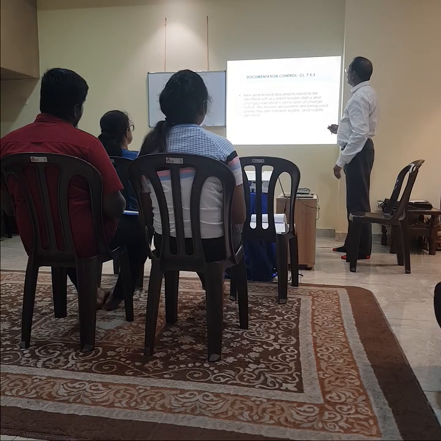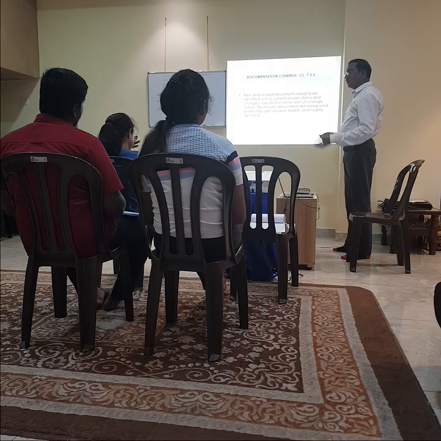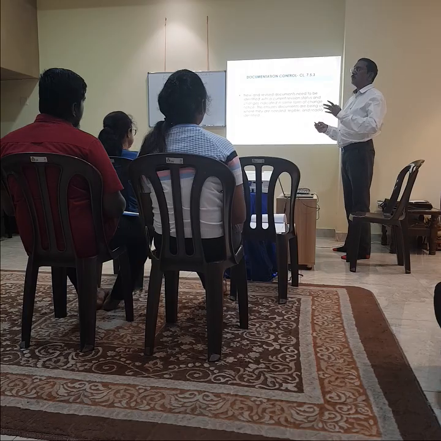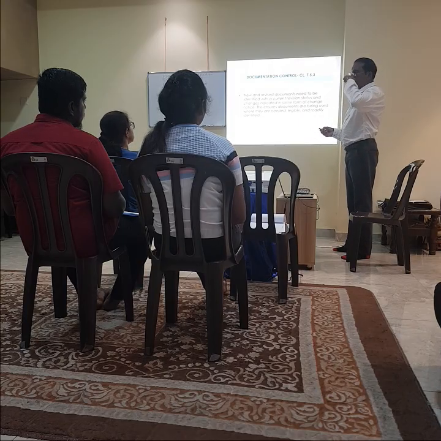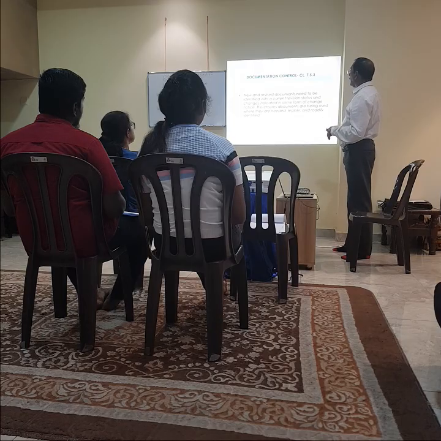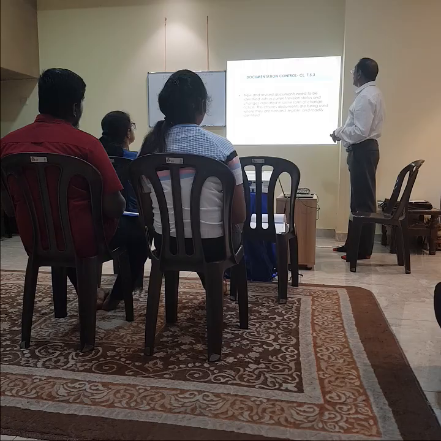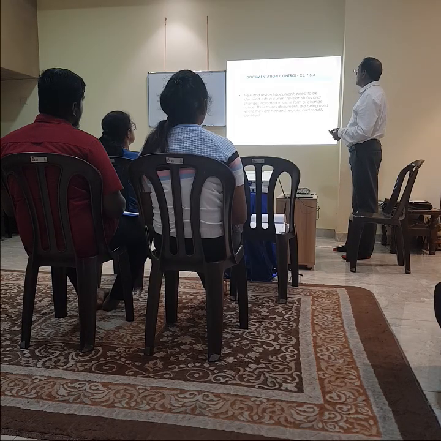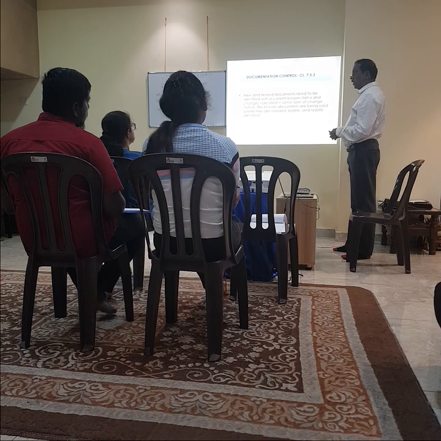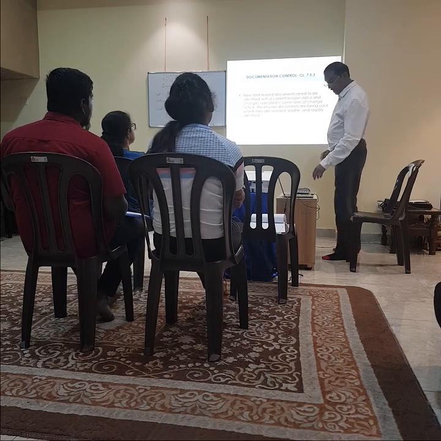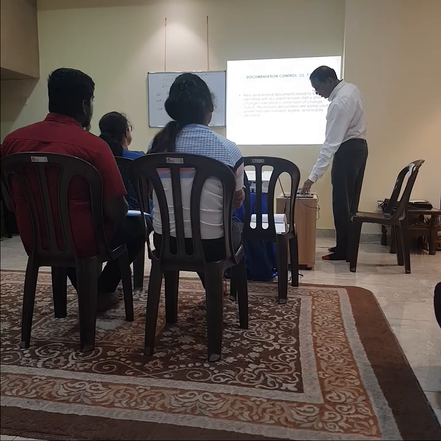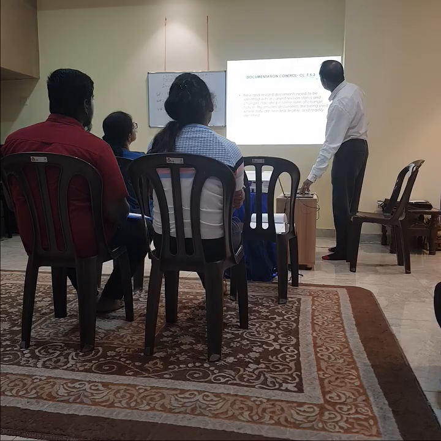So for the control, you may have a few sections for where to keep the documents, which area, which department. If changes are needed, you have to put a proper revision status and change indication, and there will be some forms for changing documentation.